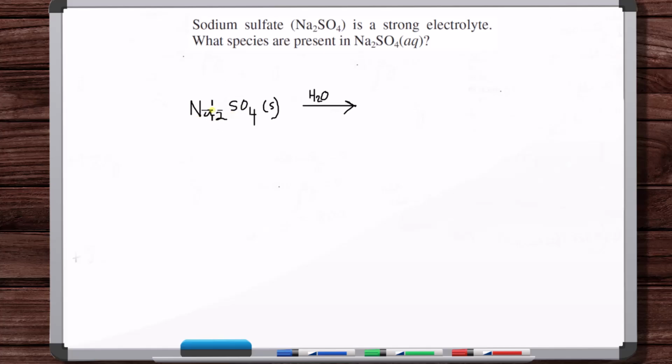So you just look at how this ionic bond forms. This is what? Sodium plus 1, right? And then SO4 2 minus, right? And then you would bring the 2 down here and the plus over. So it breaks up into this. This is an ionic compound. It just breaks up into its ions, and the ions dissolve in the water.